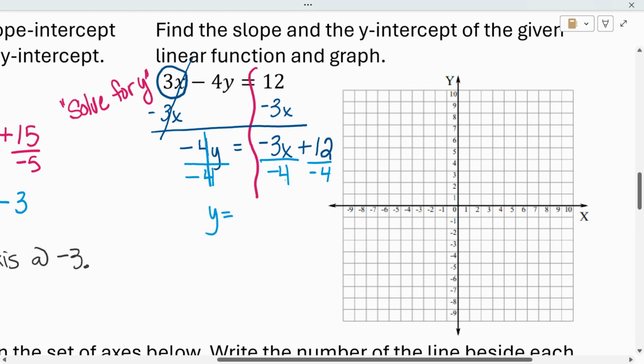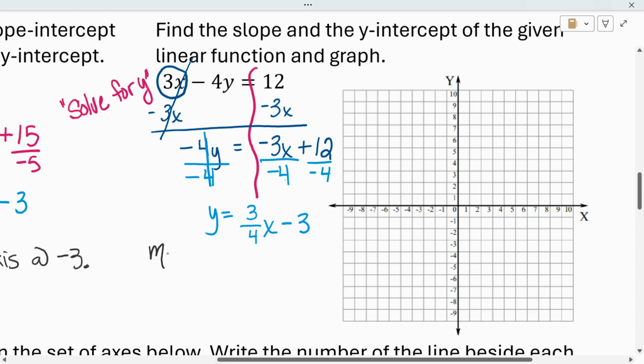Negative 3 divided by negative 4 is the same thing as 3/4, positive 3 over 4. And then the x is still there. What is 12 divided by negative 4? Negative 3.